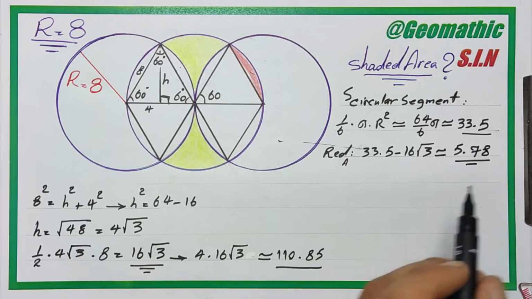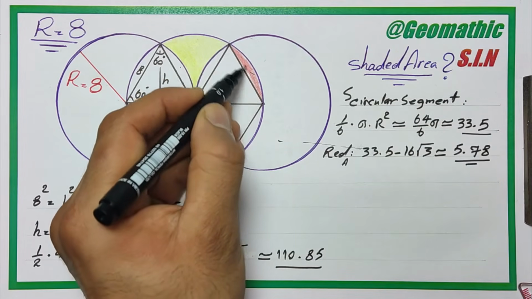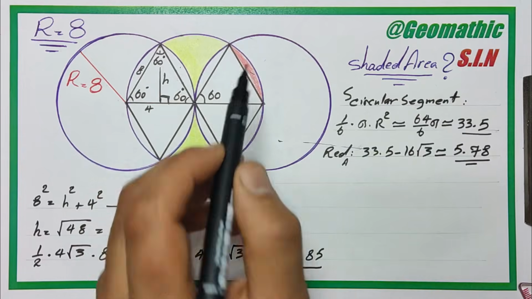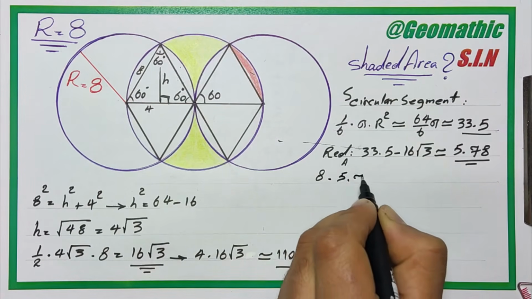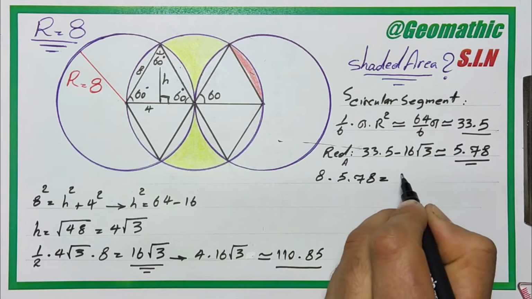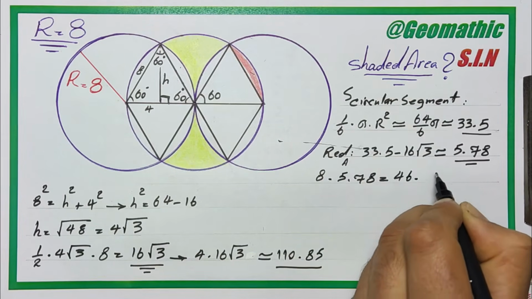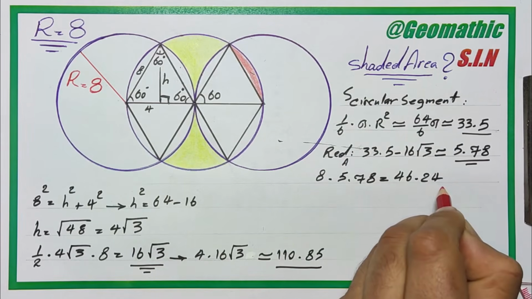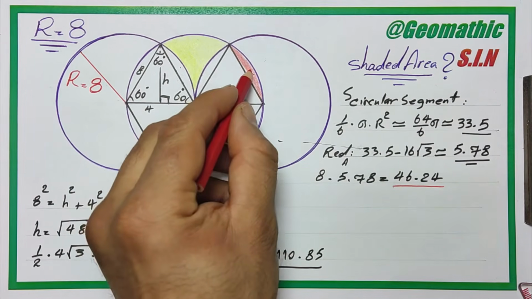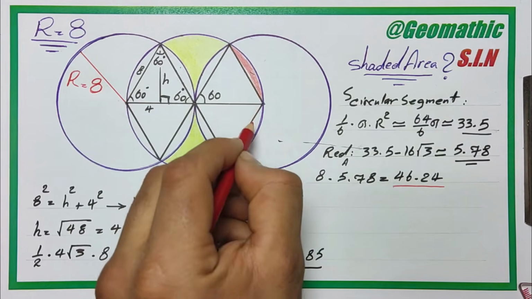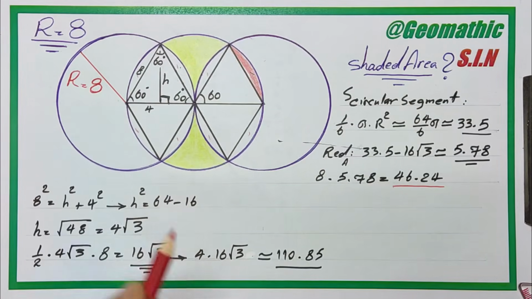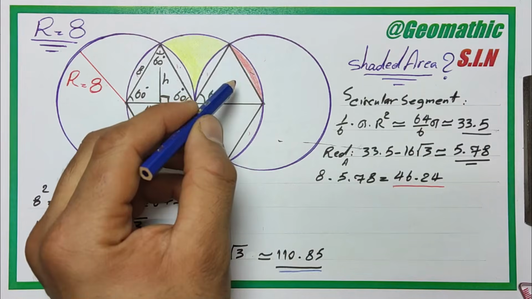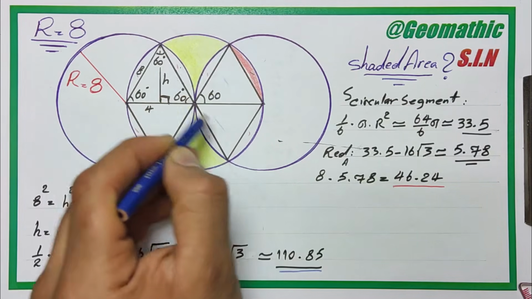So this value is the area of this red section, and of course we have 8 of them, so 8 times 5.78 equals 46.24. So we have this value for the 8 circular segments here, here, here, here, this one, this, and this one. And of course, this value, which is the area of these 4 equilateral triangles.